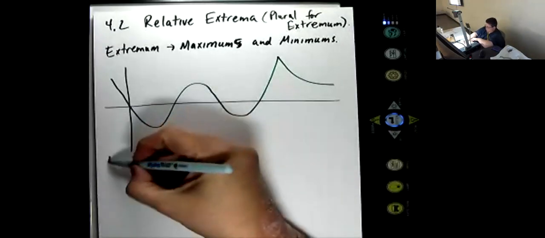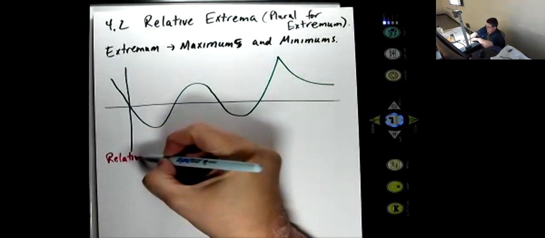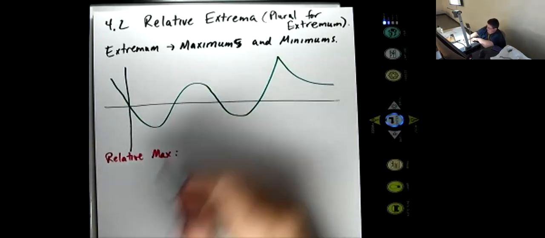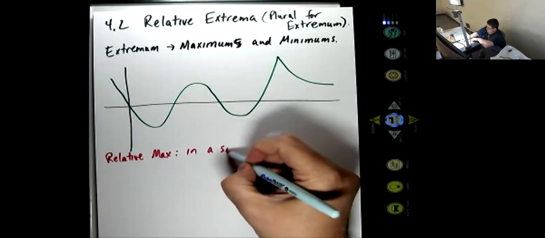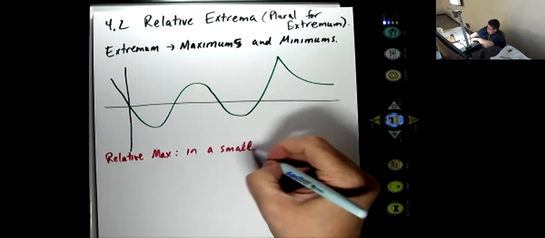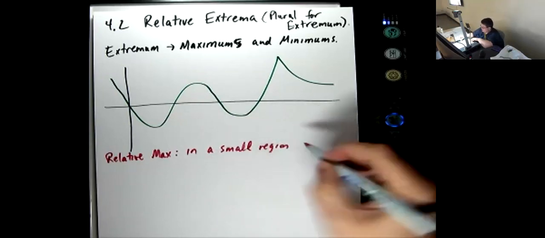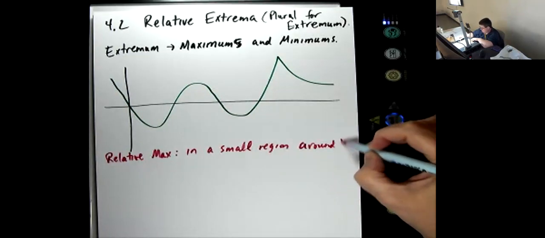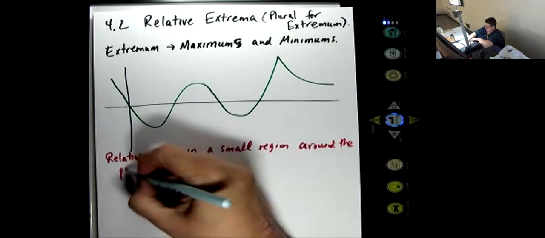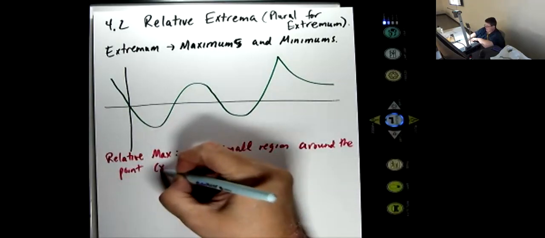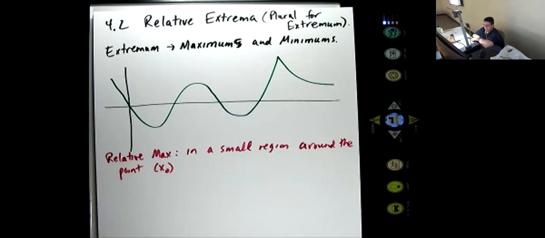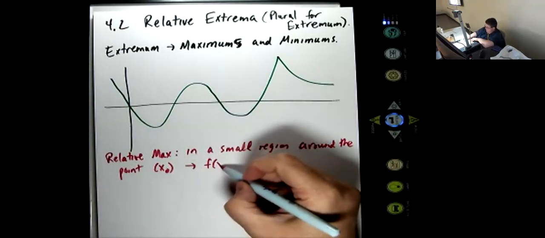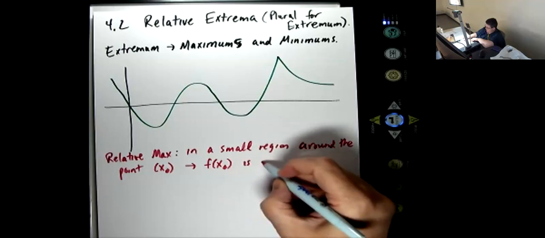So a relative max means that in a small region around the point x naught, f of x naught is greater than every other value.